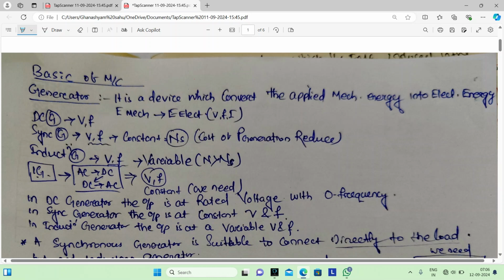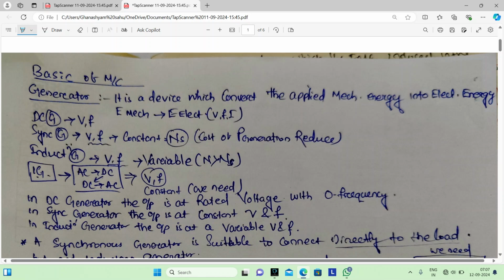This mechanical to electrical conversion is done by the generator. So it is a device which converts the applied mechanical energy into electrical energy. The electrical energy is delivered in terms of voltage, current, and frequency. Voltage multiplied by current forms power, and power multiplied by time forms energy. That is called electrical energy.